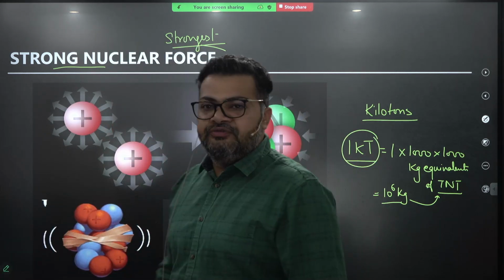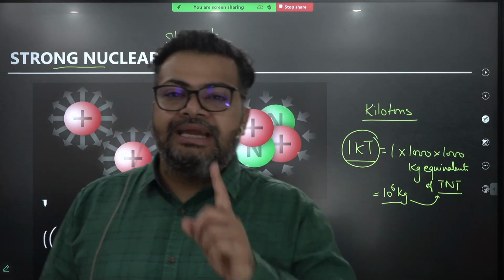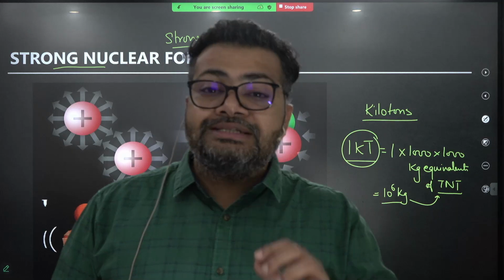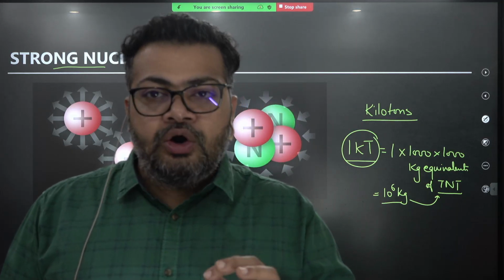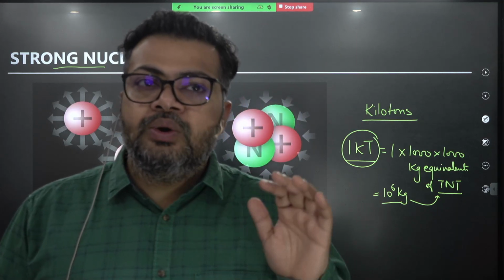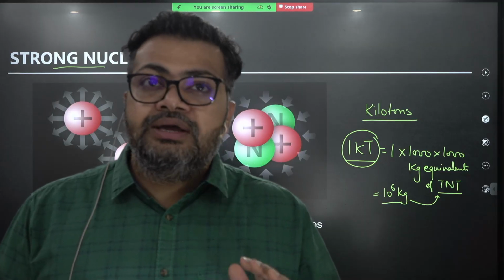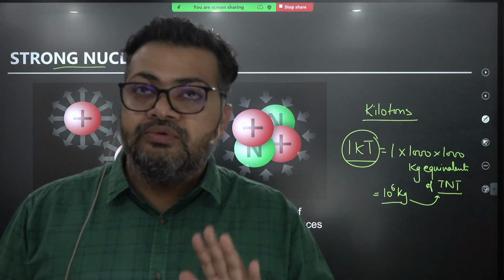Right? So 1 million kilograms of TNT is equal to 1 kt. Got it, all of you? It's called 1 kt, kiloton.